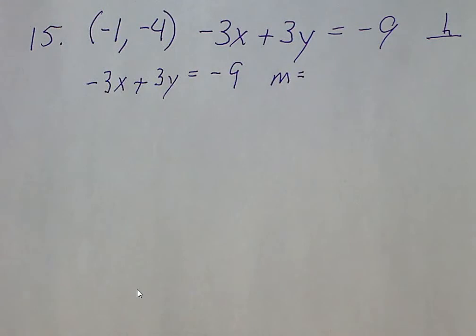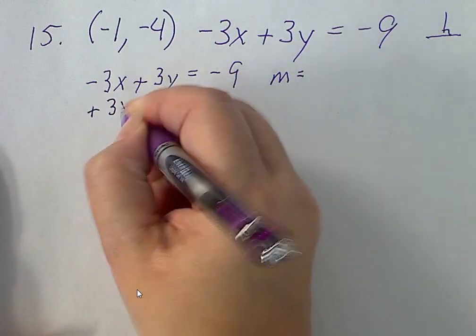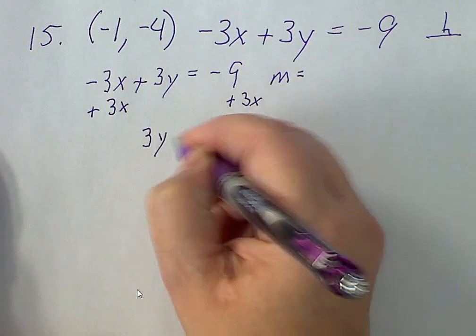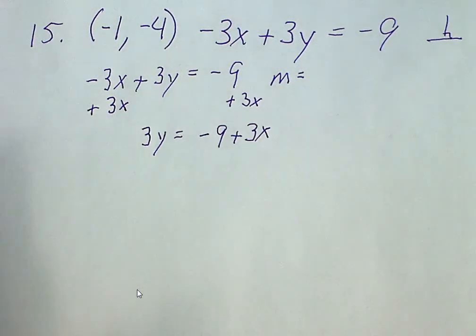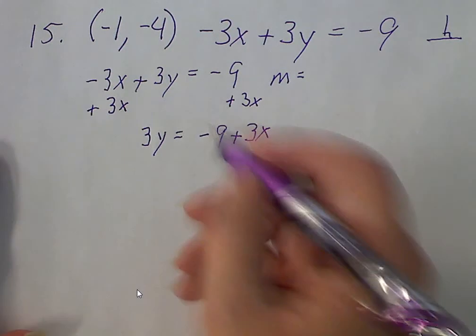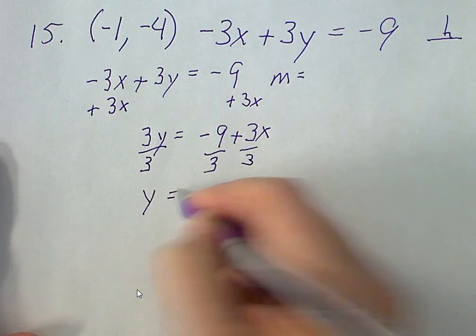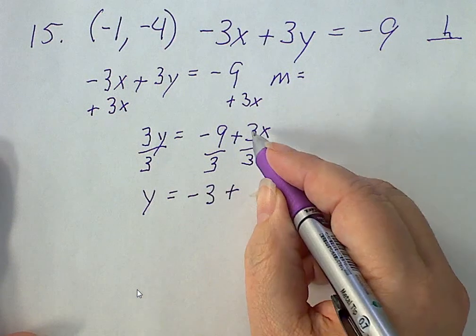So I am going to add 3x first. 3y is equal to negative 9 plus 3x. Divided by 3. So y is equal to negative 9 divided by 3 is negative 3, plus 3 divided by 3 is 1x.